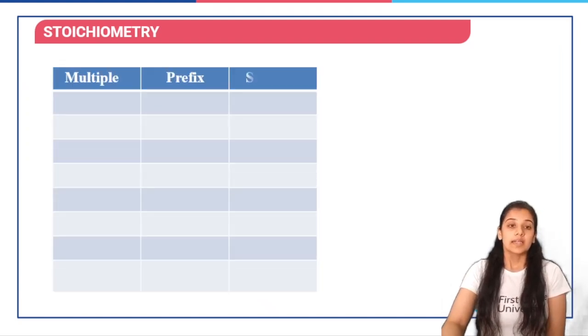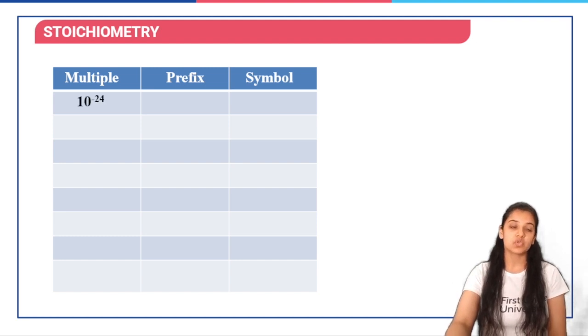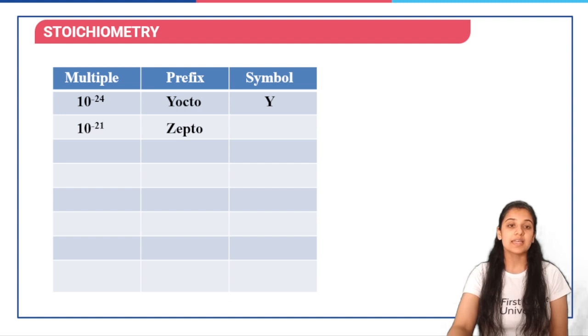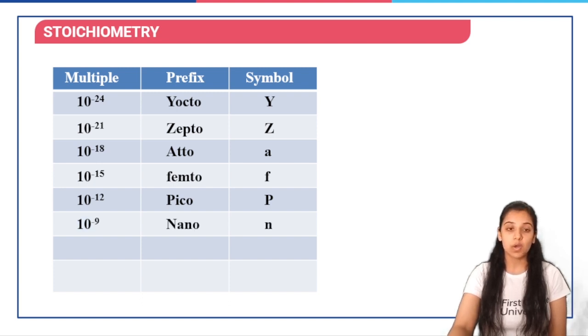Okay, next is multiple prefix and symbol. So if we have the multiple 10 raised to power minus 24, that's called yocto. The symbol is capital Y. 10 raised to power minus 21 is zepto, symbol Z. 10 raised to power minus 18, atto, symbol small a. 10 raised to power minus 15, femto, symbol F. 10 raised to power minus 12, pico, symbol capital P. 10 raised to power minus 9, nano, symbol small n. 10 raised to power minus 6, micro, symbol mu. 10 raised to power minus 3, milli, symbol small m.